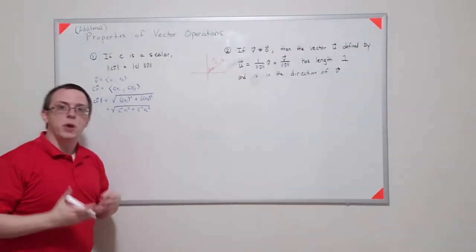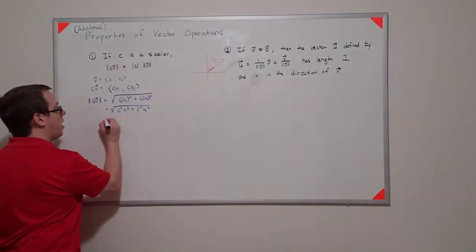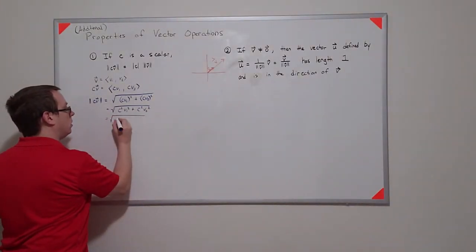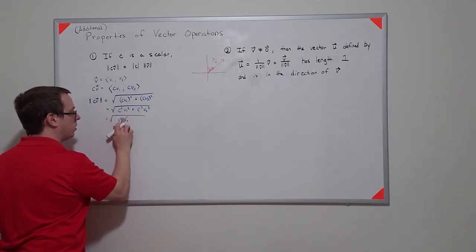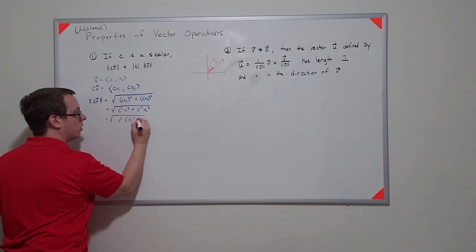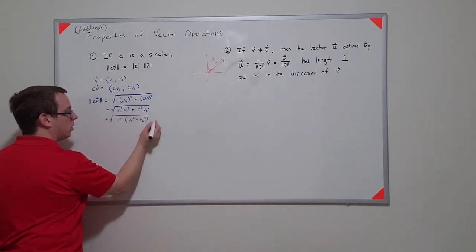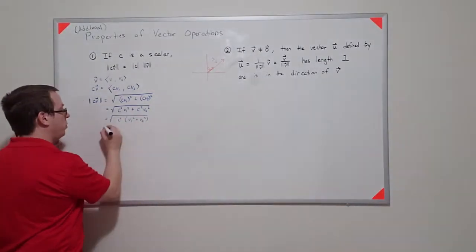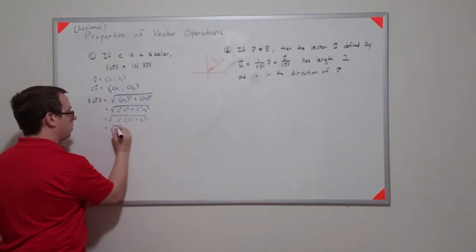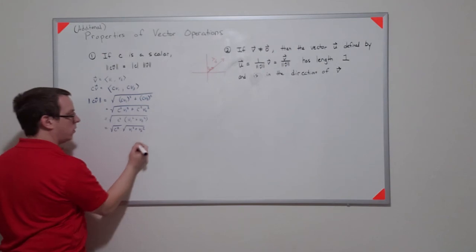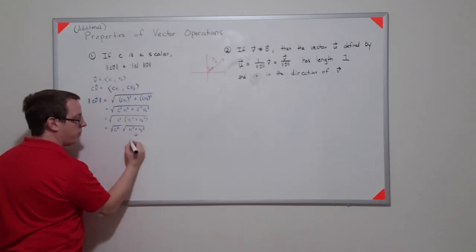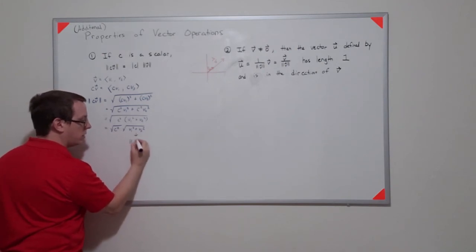They both have C squared in common, so we can factor that out. And if you remember your properties of square roots, we can split that off. Well, we know that that's just the magnitude of v.